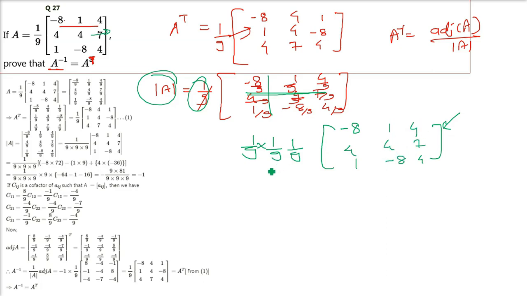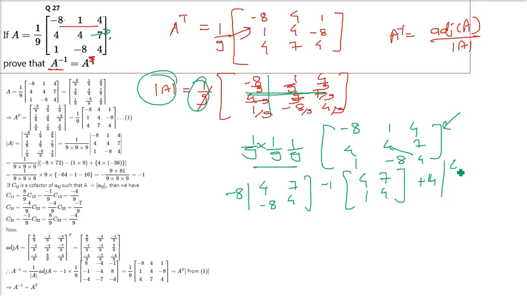Now let us find out the determinant. So when we multiply this, you can open it using any of the row, any of the column, because making it 0 will take time. So minus 8, 4 minus 8, 7, 4. Here you have minus 1 and 4, 1, 7, 4 plus 4. Then 4, 4, 1 minus 8, 4, 1, 1 minus 8.